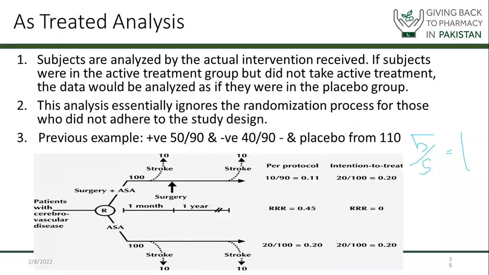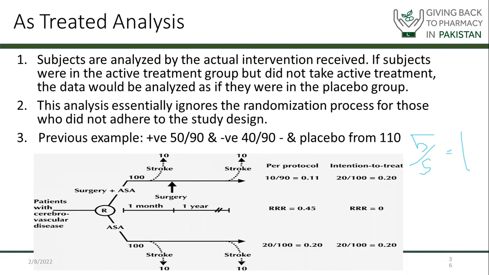As treated analysis: it might be that one of my patients gets the treatment of another group. So the subjects are analyzed by the actual intervention received. If a group B person gets the treatment of group A, we will treat him as group A. So as treated, as the patient is treated.